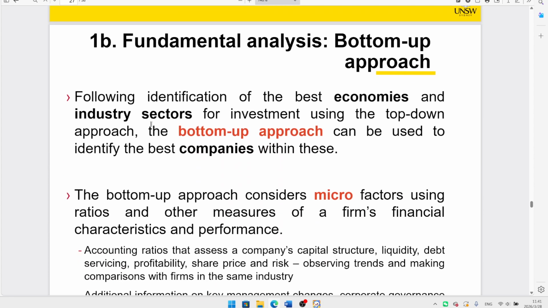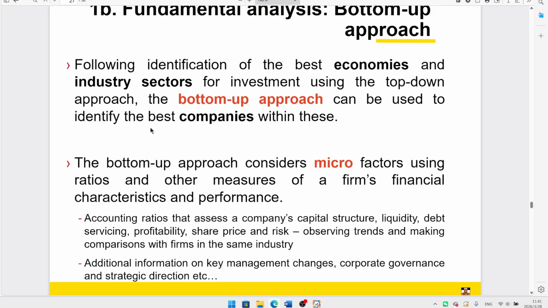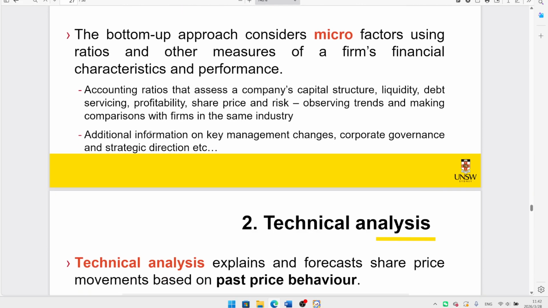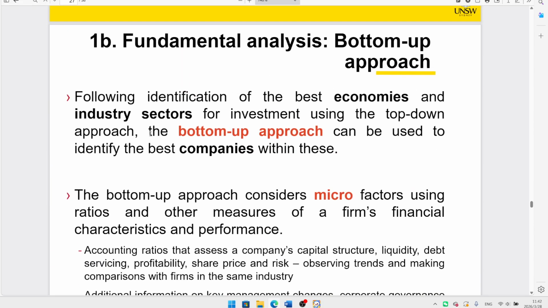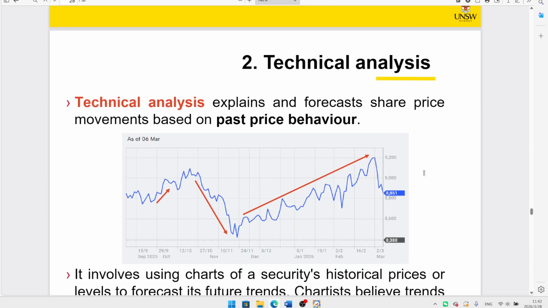Bottom up considers micro factors using rates and other issues, such as accounting ratios. Those are the two methods. Then there is technical analysis. These two.